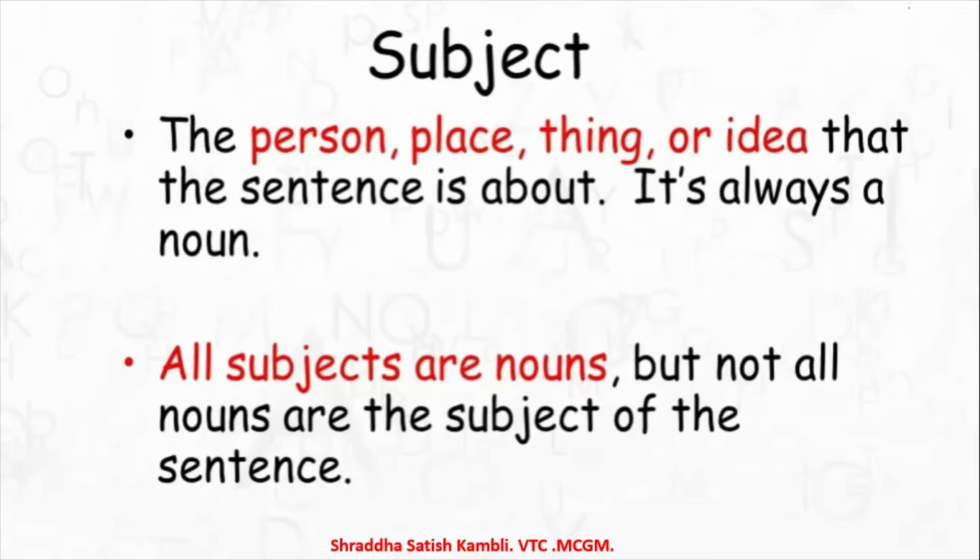All subjects are nouns, but not all nouns are the subject of a sentence. So if you pick up any noun, it might not be the subject of a sentence. Not necessary. Okay? So this is about subject.